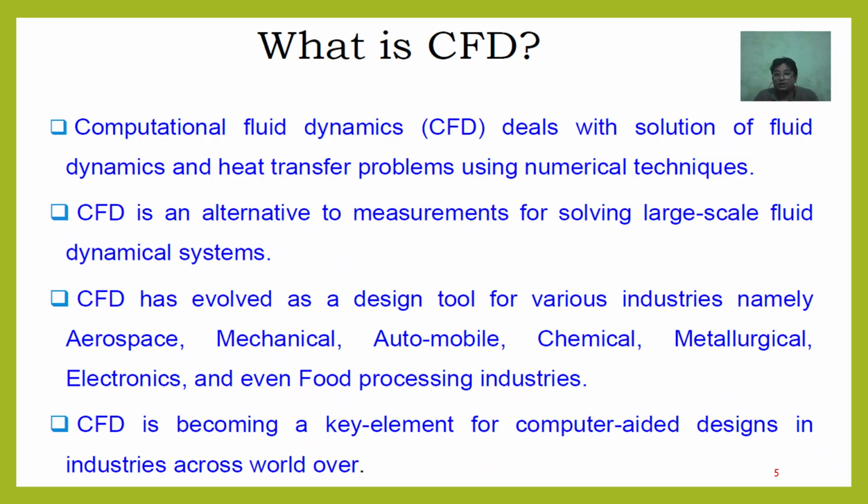Now in chemical, what do we do? In chemical, we generally observe how the fluid is flowing in your pipelines and certain areas. We observe that this has a certain flow pattern linked to it.